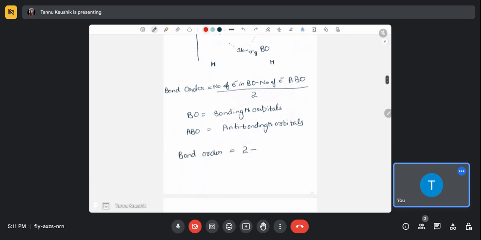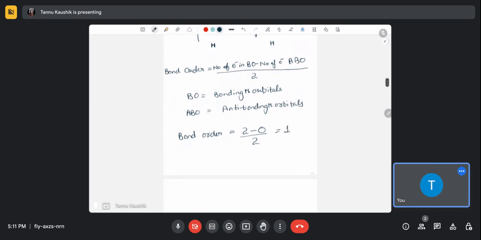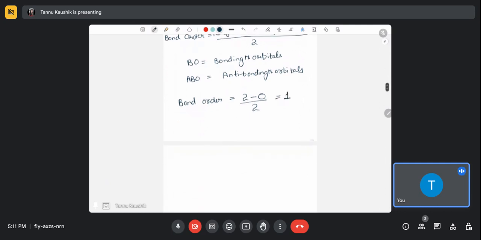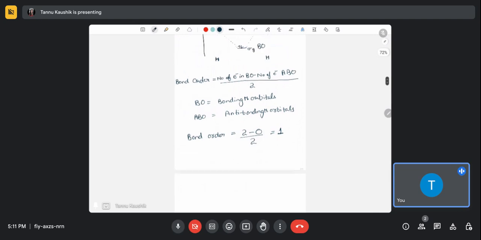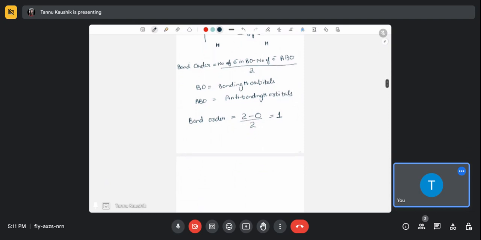So 2 minus 0 by 2 is equal to 1. So we have bond order one, which means we have only one bond between these two hydrogen atoms, which exists like this.